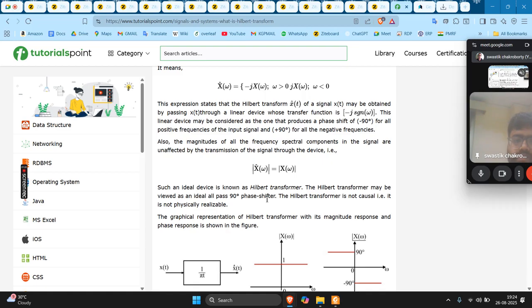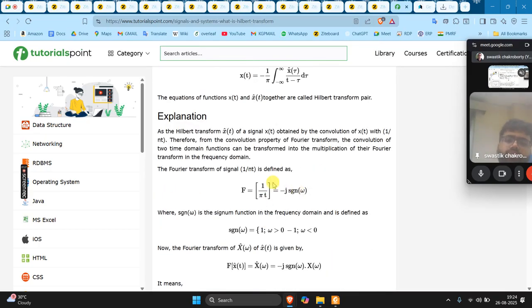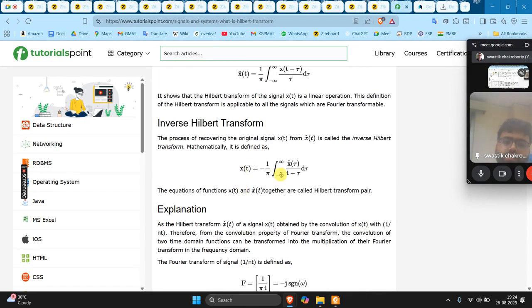The Hilbert transformer is not causal, that is, it is not physically realizable. Why is it not physically realizable? Because it depends on the future value. If you convolve with 1 by t, you will see that even for a causal signal, it extends both to t equal to minus infinity and t equal to plus infinity.